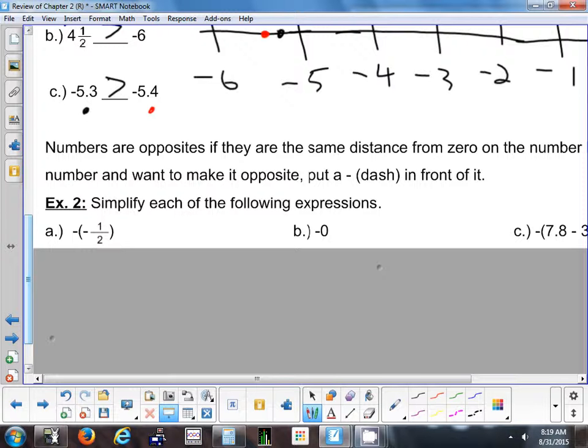You could just say negative 1/2. Sometimes when I have 2 negatives in a row, I say it like this: the opposite of negative 1/2. And that makes more sense to me if I think, what's the opposite of negative 1/2? Positive 1/2. Or you could say negative 1/2. Some people say it that way too. Same thing.